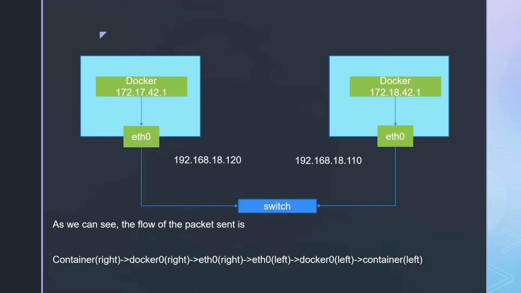As we can see, if the container on the right wants to send a message to the container on the left, it goes like this: container on the right to the Docker 0 bridge on the right, to the eth0 on the right, to the eth0 on the left, then to the Docker 0 on the left. Finally, it goes to the container on the left.